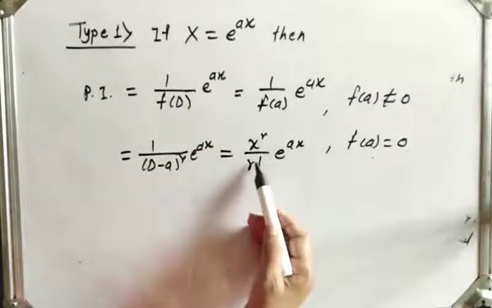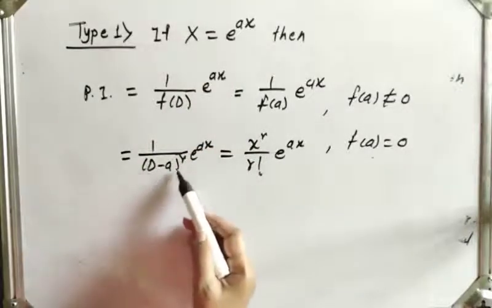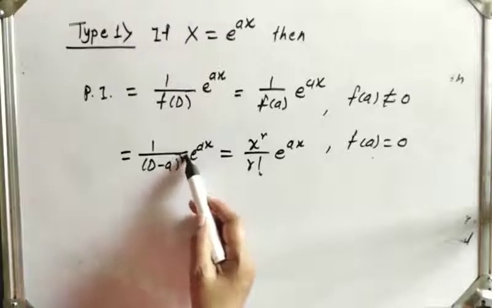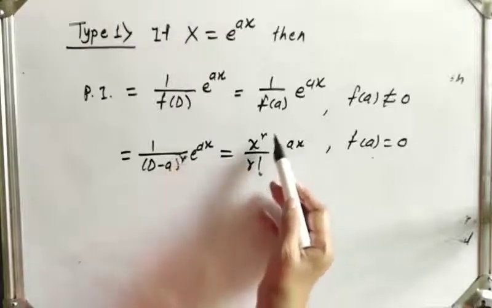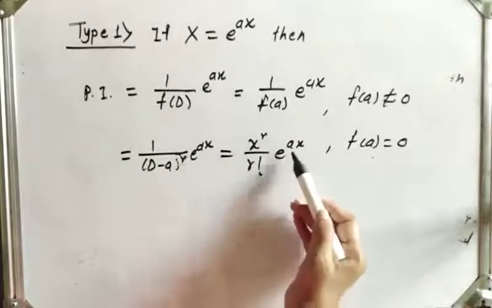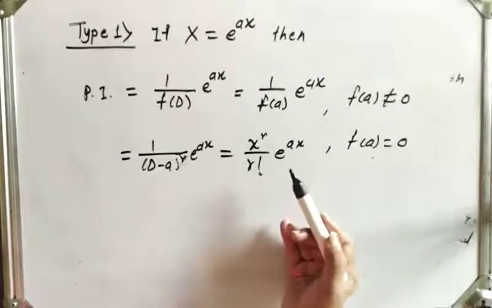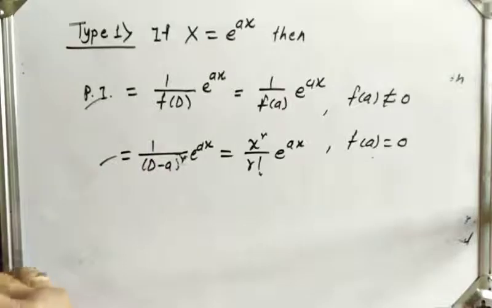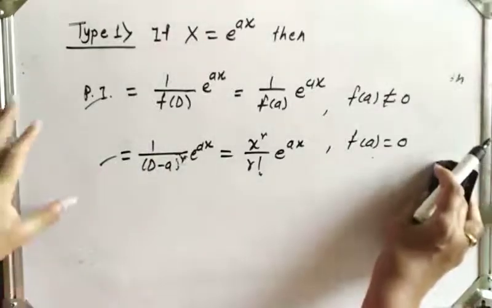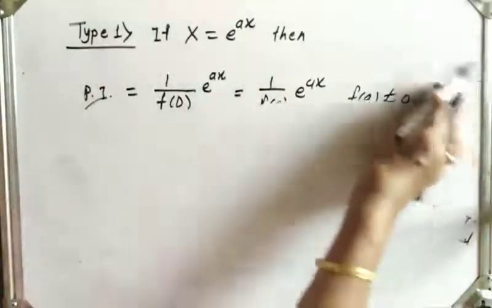Now here for the second formula, 1 upon (D minus a) raised to r, we use x raised to r upon r factorial into e raised to ax. Now let us solve some examples. In examples you will get more clarity about this formula. Just write down these two formulas.